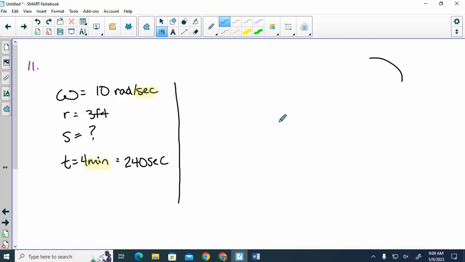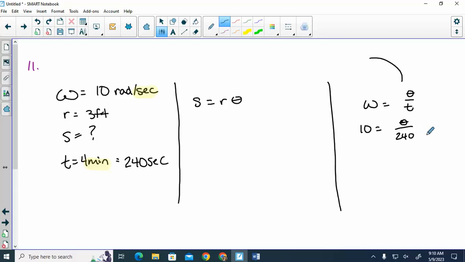Okay, so if we want to use S equals R theta, first I have to go out to the side and find theta. So I could do omega equals theta over T. So omega was 10 radians per second equals theta over 240 seconds.